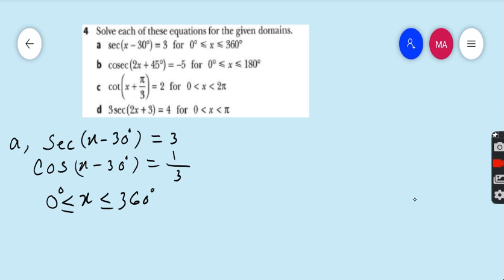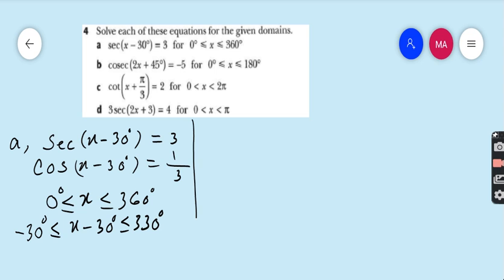Subtract 30 from each angle. 0 minus 30 is minus 30 degrees. x minus 30 is x minus 30 degrees. And 360 minus 30 is 330 degrees. Now we have to find all angles from minus 30 to positive 330.